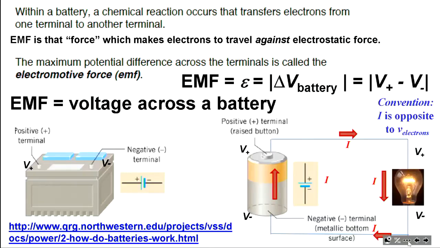Now, we've said many times that the battery is acting like a pump, but the battery is not a capacitor. You see, in order to make the battery work for a long period of time, something else should be happening inside. And that something else has a name, EMF.